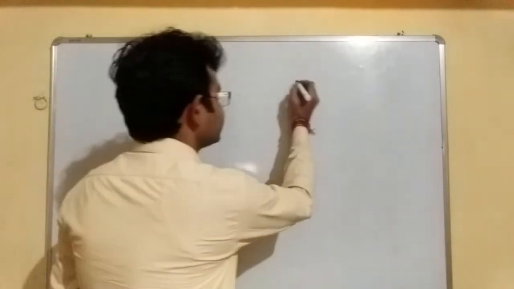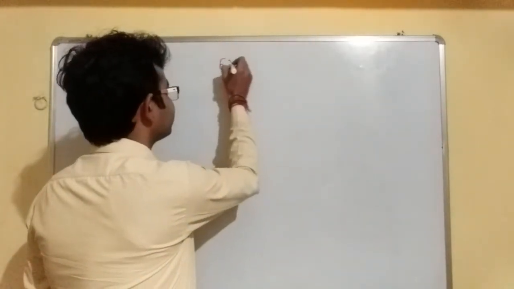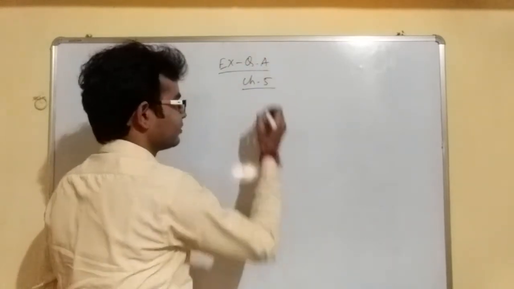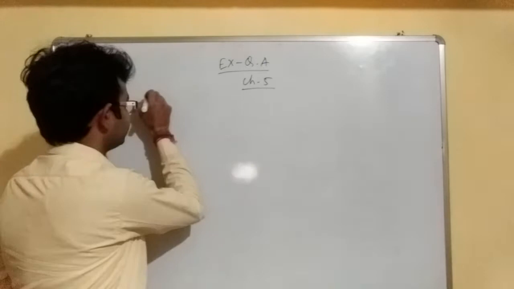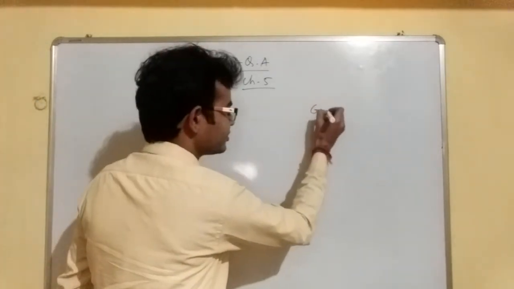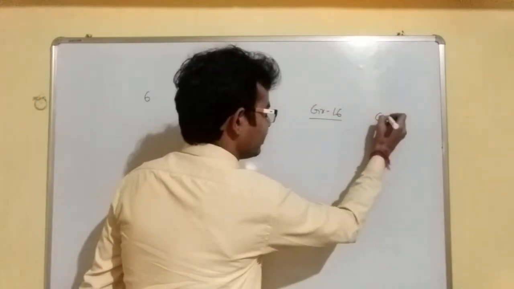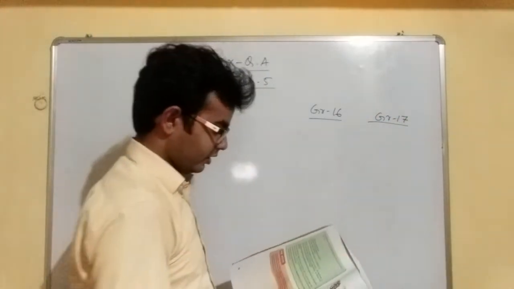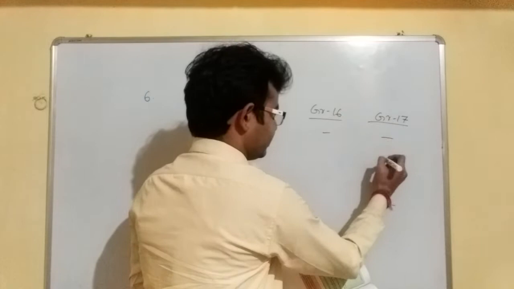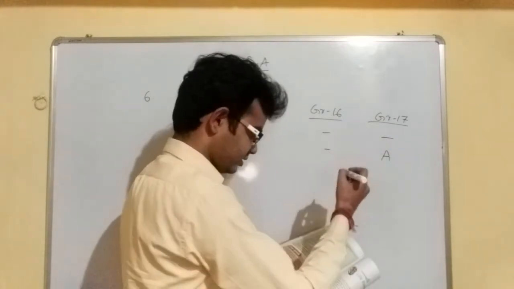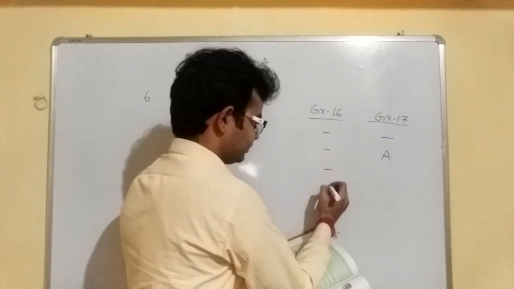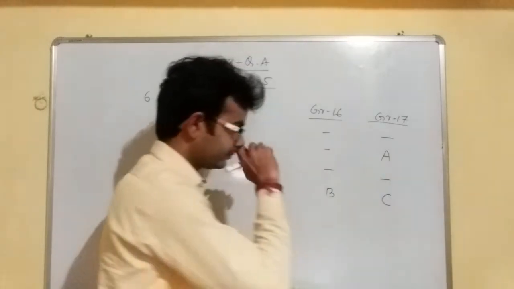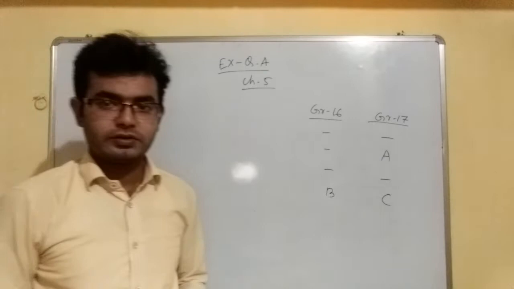Here it is group 16, and here it is group 17. Here we have A, then B, then C. Okay, let us discuss this question.